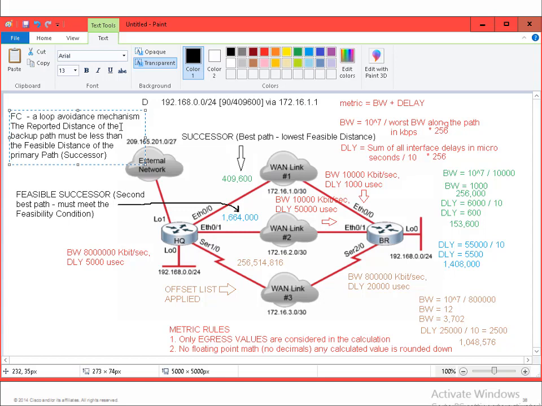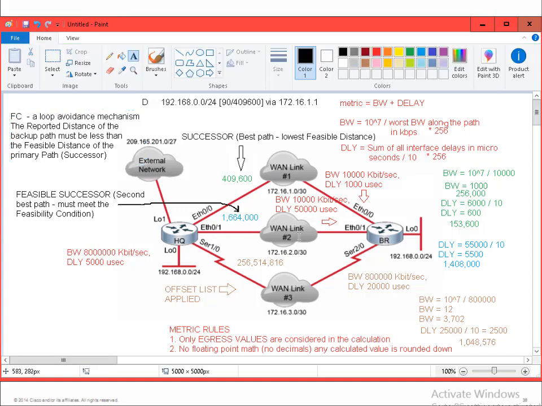All right, that's what the feasibility condition states. The backup path, which is this path here, WAN link 2, the reported distance for that path needs to be less than the feasible distance of the primary path.